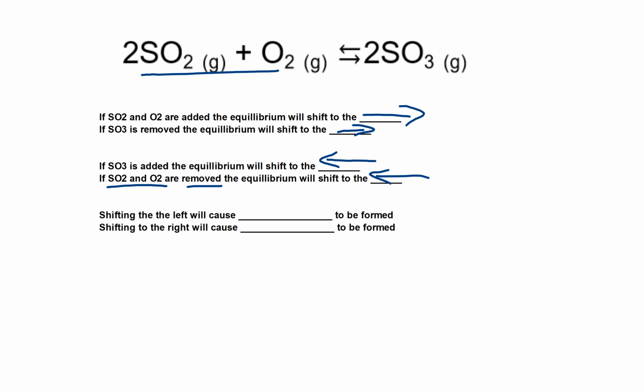Pause and think about it. All right, the reactants are on the left and the products are on the right. So shifting to the left will cause reactants to be formed. So in this case, that would be SO2 and O2. Shifting to the right means products would be formed.